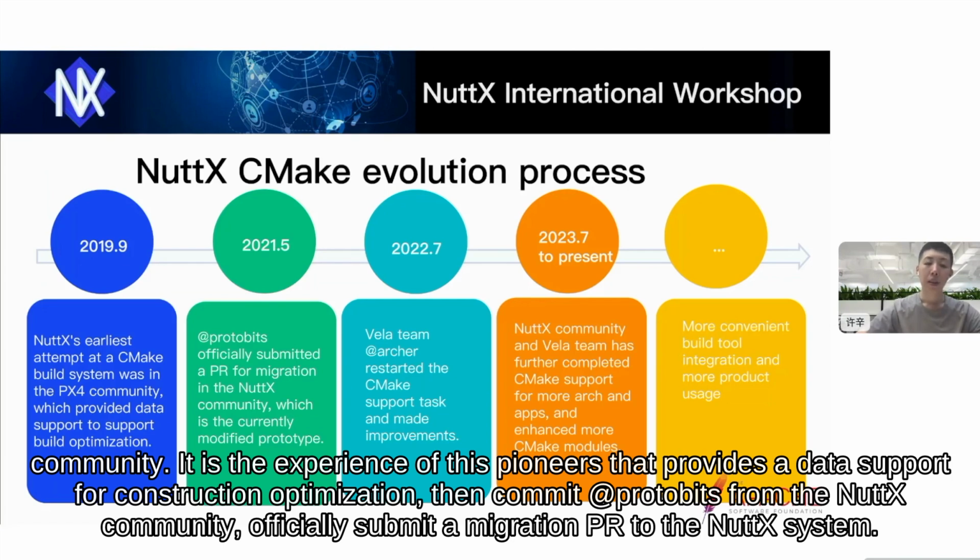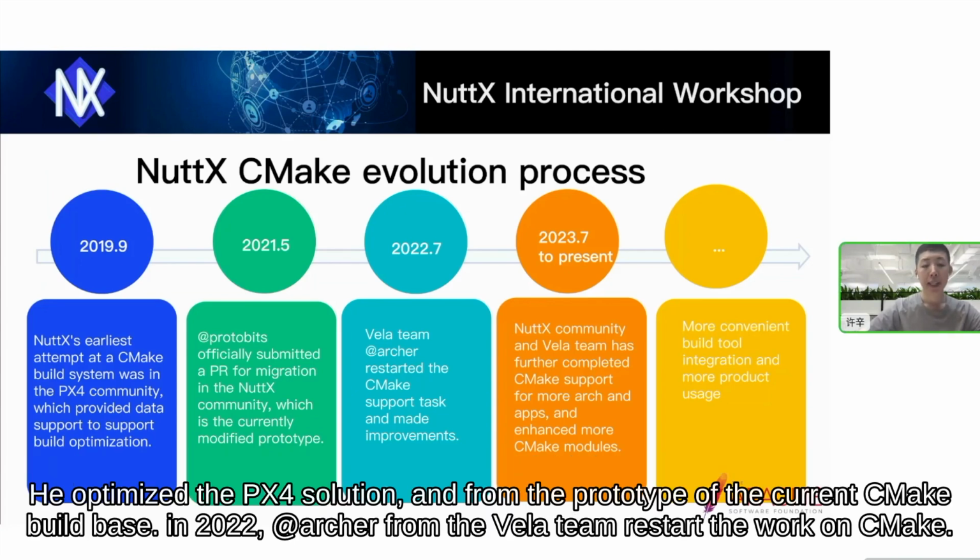Then, committer protobits from the NuttX community officially submitted a migration pull request to NuttX. He optimized the PX4 solution and formed the prototype of the current CMake build base.